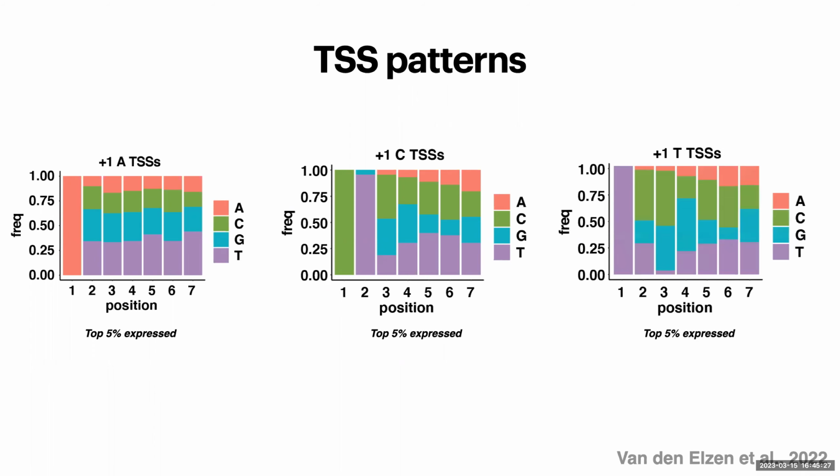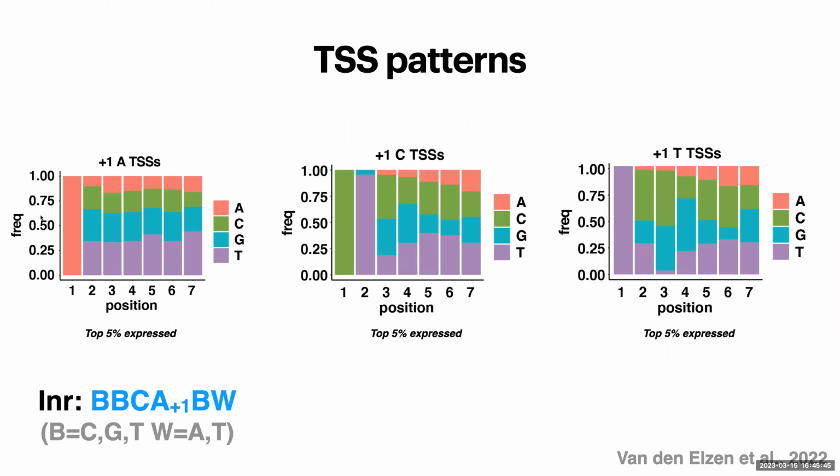The +1T TSSs are similar in some ways to the +1Cs, except they don't have this strong enrichment for T's in the +2 position. In some ways, these results are not totally unexpected.